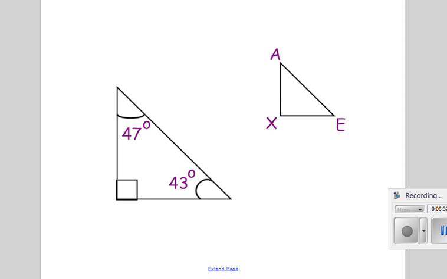Similar triangles are going to be proportionate to each other. Proportionate. Spelling during math got me right there. All right. They're proportional.